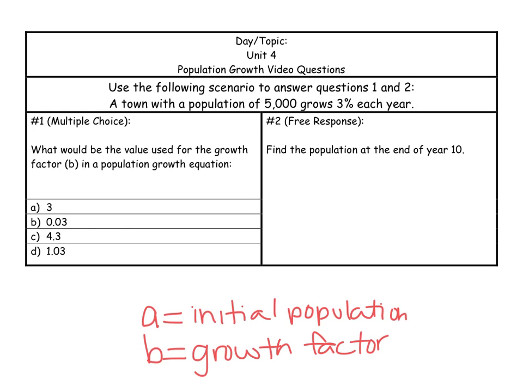For question 1, it's asking what is the growth factor, what is b equal to, and keep in mind it's increasing by 3% each year, but you have to include that initial 100% of the population. Question number 2, find the population at the end of year 10. So you're going to need your y equals equation, and in this case you're going to let x equal 10 in your equation.